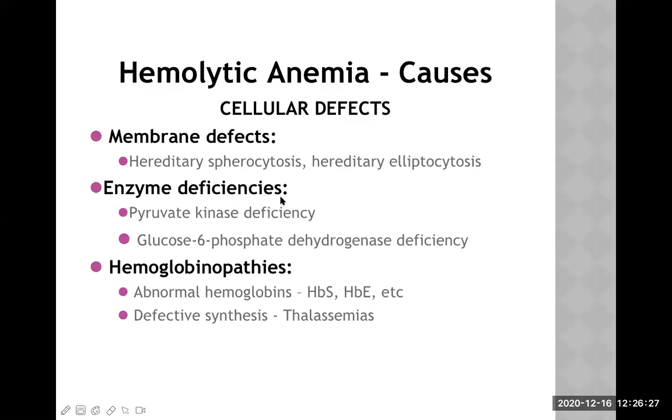Under enzyme deficiency, we have pyruvate kinase deficiency and glucose 6-phosphate dehydrogenase deficiency, also known as G6PD deficiency. And among the hemoglobinopathies, we have abnormal hemoglobin, like hemoglobin S, also known as sickle cell hemoglobin, or hemoglobin E. And another is defective synthesis, that is thalassemia. So we are going to talk about some of these topics in detail, only the important ones, and for the others I'll give a bit of concept for you.